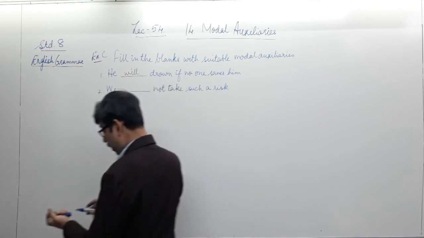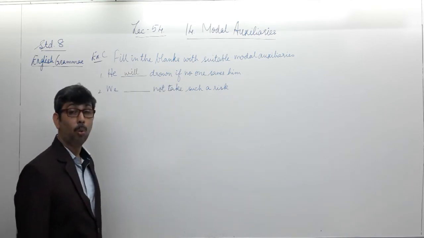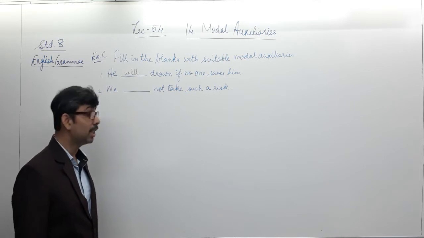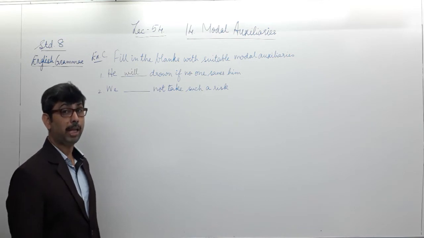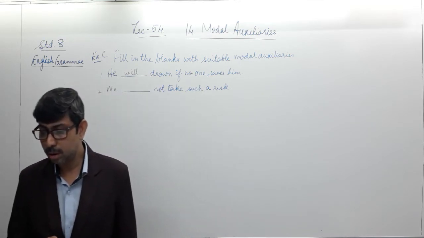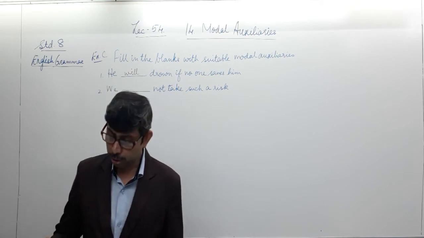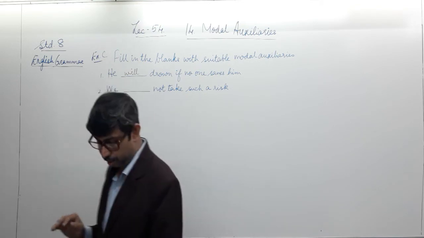So an advice is being given over here. We dash not take such a risk means we are advised or we are discussing not to take such a risk. We should not take such a risk. Therefore, the word that we need to insert over here is the modal auxiliary should. We should not take such a risk.